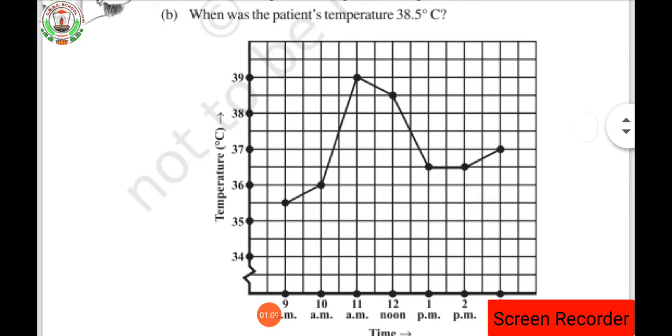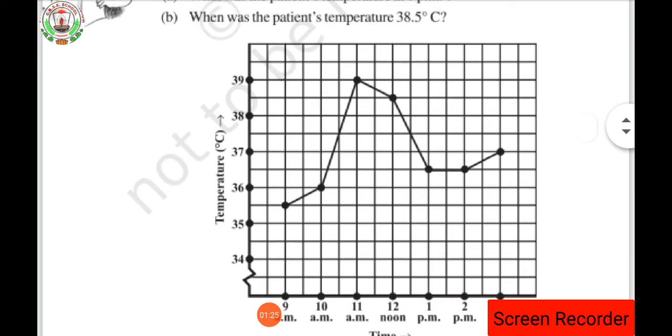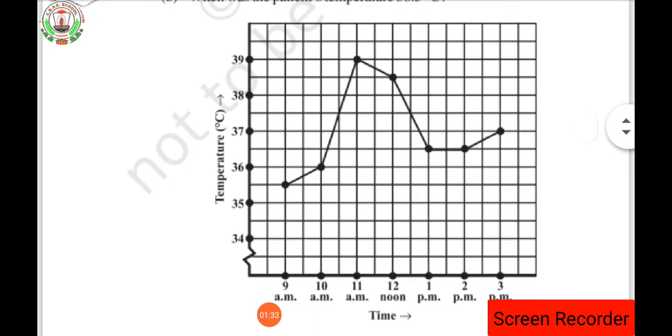What were these two times? D: What was the temperature at 1:30 p.m.? How did you arrive at your answer? E: During which period did the patient's temperature show an upward trend? That means all these 5 questions we have to answer by looking at the graph.